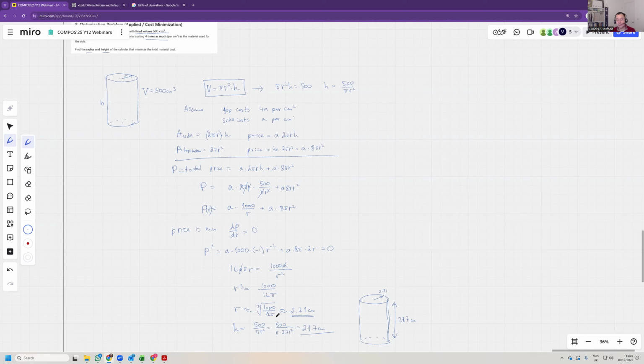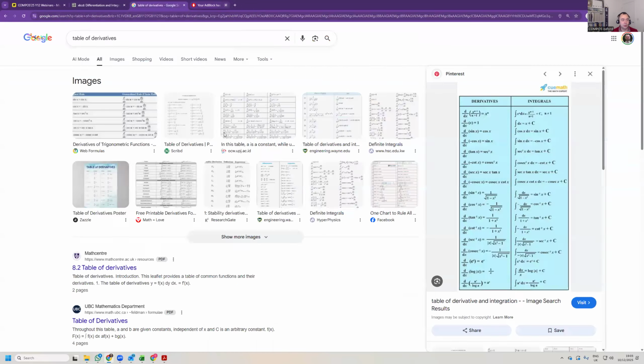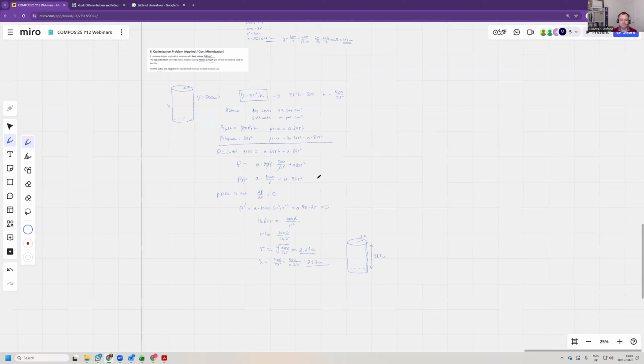So from the context, but yes, you can do the second derivative and find that. But normally in an optimization problem, you don't need to prove that it's a minimum or maximum because there's only one possibility. If you're confused, then you can find the second derivative and verify. But normally there's only one option. Yeah, it's obvious from the context.